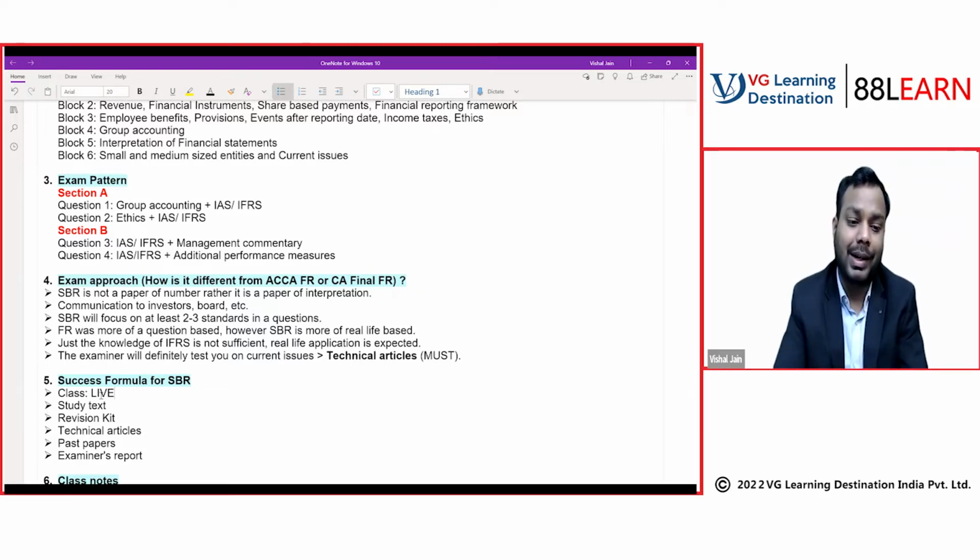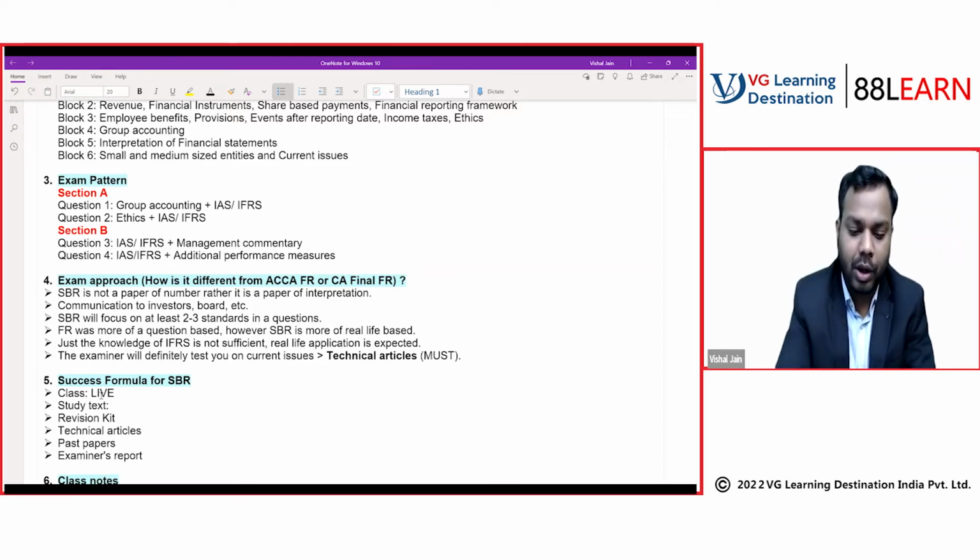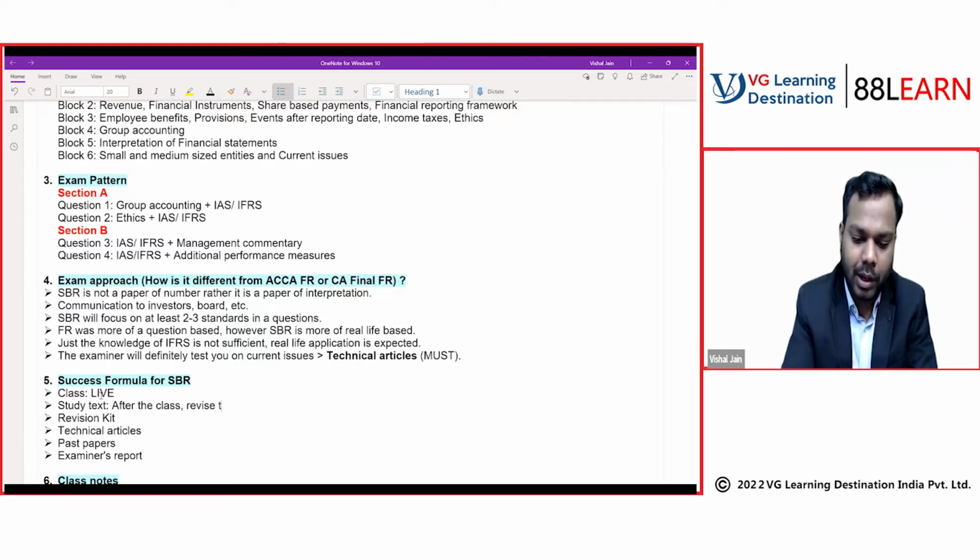Now, study text. As I was mentioning, right after the class you have to revise. Revise the notes which I will share, plus read from the study text as well.